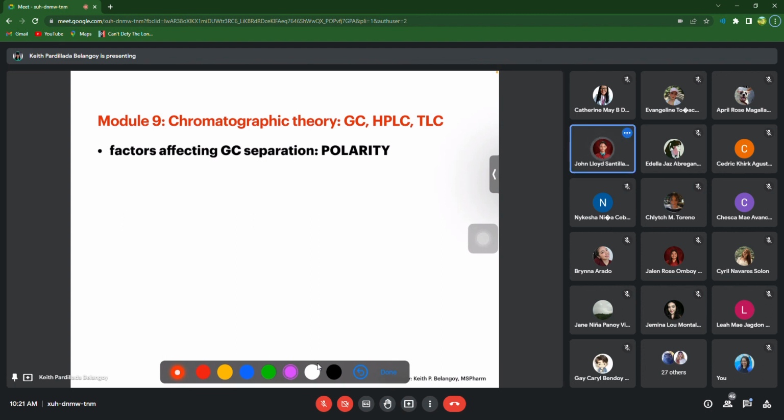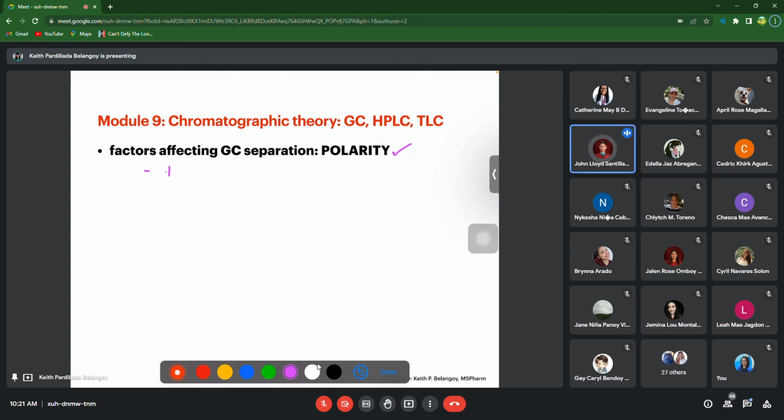Okay, so we're on the second factor affecting GC separation, the polarity. So as discussed earlier, polarity dictates the affinities towards the stationary and mobile phases. So what are polar and non-polar molecules? Polar molecules are those with distinct regions of positive and negative charge.